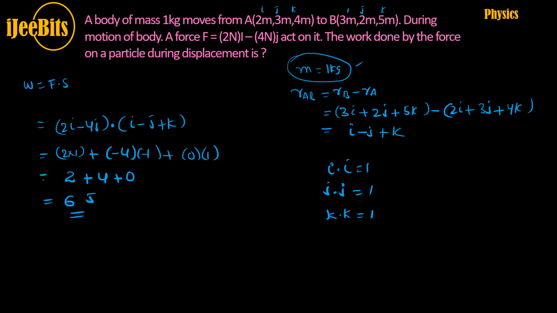We know i dot i is 1, j dot j is 1, k dot k is 1, so we only multiply the i, j, k components respectively from F and S. Hence you get 6 joules as your answer. Clear?